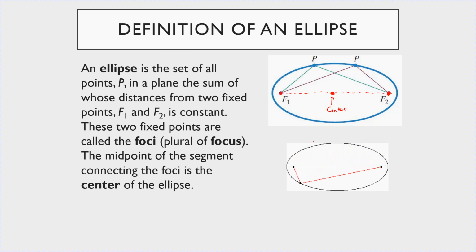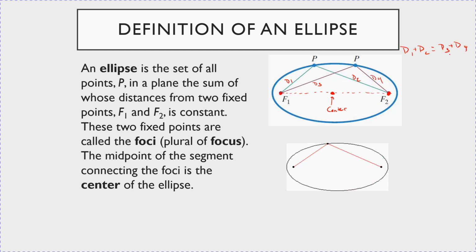All right, let me explain the sum is constant part. See this green line here? We'll call this distance from F1 to this point D1, and from F2 to here D2. If you were to take their sum and compare it to any other point, this point has a different distance from F1, we'll call D3, and this distance from F2, we'll call D4.